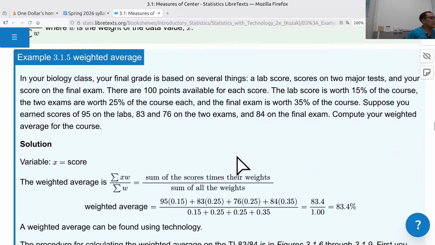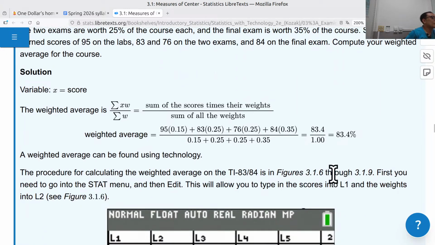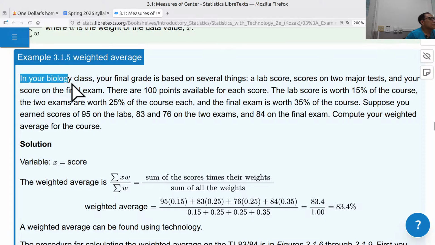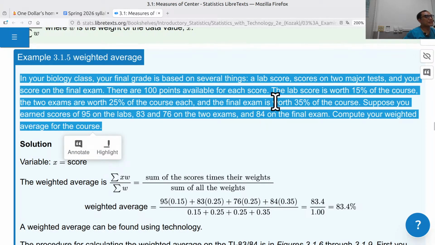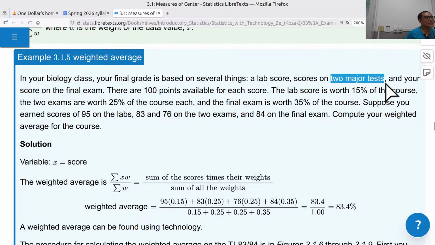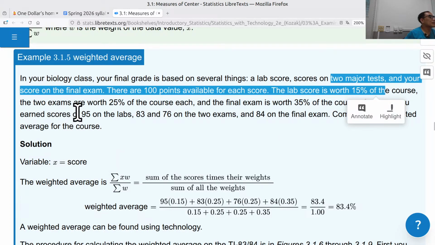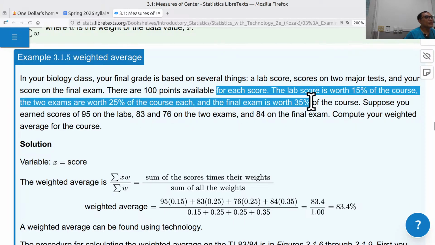Let's check it. For example, in your biology class, your final grade is based on several things: a lab score, scores on 2 major tests, and your score on the final exam. There are 100 points available from each score.